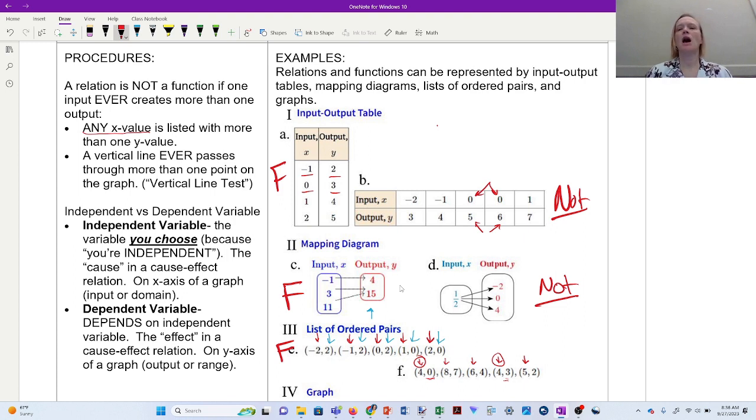If we had seen the example of 4 with 0, that would not have been a conflict with this data point because they would have had the same input and the same output. You can have repeated x values so long as the y value is the same. You cannot change the y value. You cannot ever have one x value listed with more than one y value. This second list of ordered pairs here is not a function.